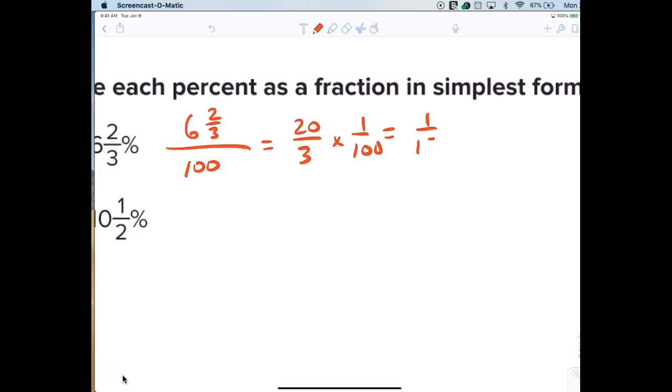Yes, 1 over 15 because the 20 went to a 1, 100 went to a 5. Harrison, did you have a question for me now? Okay, well, if you're good then. All right. Anybody have any questions with that? Everybody agree that's kind of easy, right?